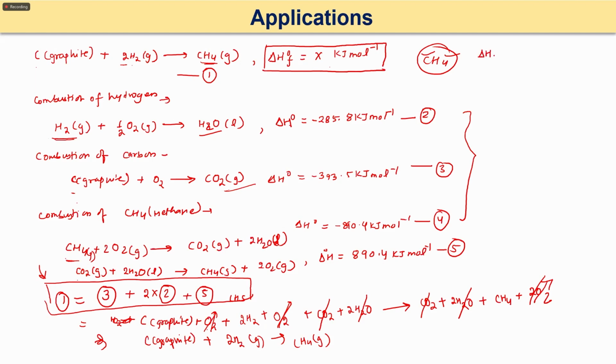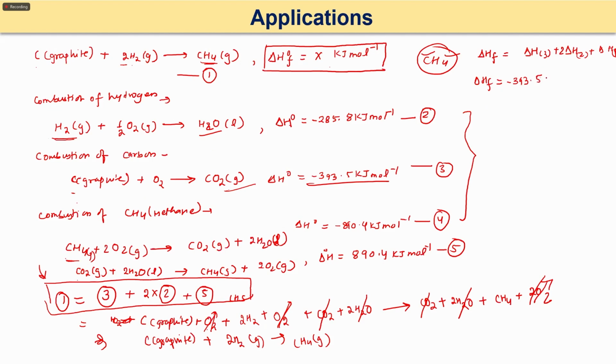So enthalpy of formation for this reaction will become enthalpy of formation of reaction 3 plus enthalpy of combustion, sorry, in this case it will be combustion, 2 into enthalpy of combustion of your equation 2 and 1 into enthalpy of combustion of your equation 5. Okay, so your enthalpy of combustion of equation 3 is minus 393.5 kilojoule per mole.